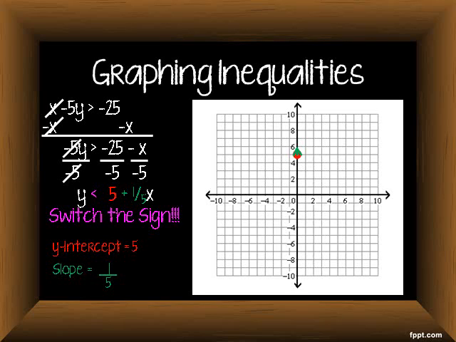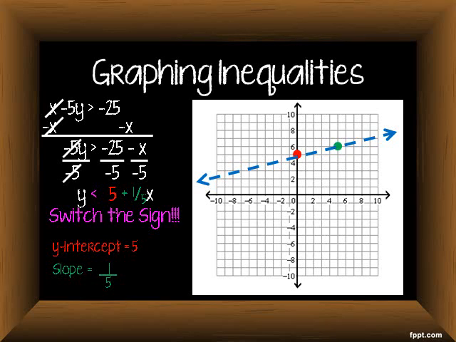I'm traveling up 1 unit and to the right 5 units to plot my next point. And I'm going to connect those 2 points, or 3 or 4, or however many I decide to draw, using my slope, with a dotted line as we discussed before we started this problem, because this is not a greater than or less than or equal to, it's just a less than.